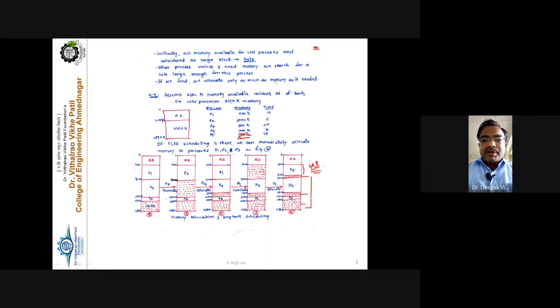Right. Say there is a hole of 500K available. For example, here it is 600K, but for simplicity consider a hole of size 500K is available, and the process requires only 498K of memory. So what does the operating system do here?